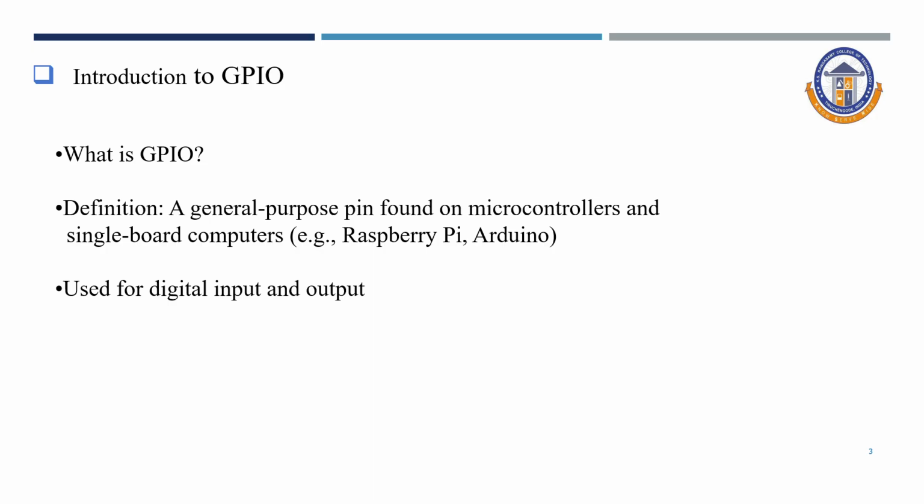Usually these general purpose input output pins are present in microcontrollers or some single board computers. We were recently using the Raspberry Pi, Arduino, and ESP32. Those single board computers have input output pins like a port.